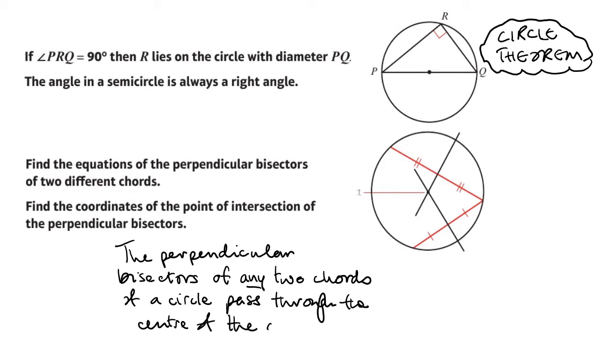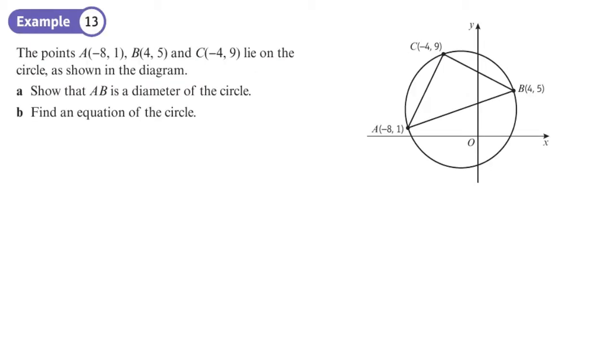Right, we've got these three points, A, B and C, which lie on the circumference of a circle. So that tells us that this is a circumcircle.